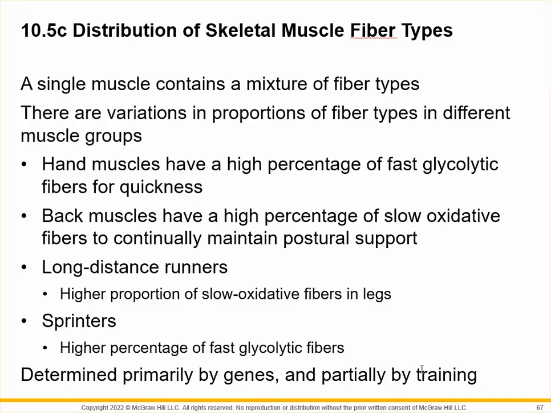People that are long distance runners have a higher proportion of slow oxidative fibers. Is that because they've trained those fibers, or is that because they are born with more of those fibers, which then makes them want to take up that sport? It's probably a little of both. Sprinters go with more fast glycolytic.